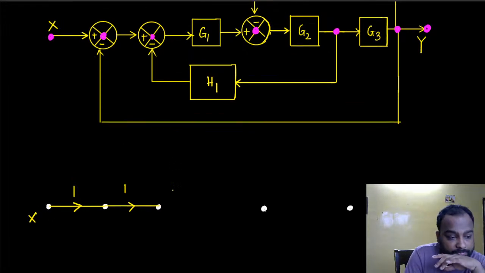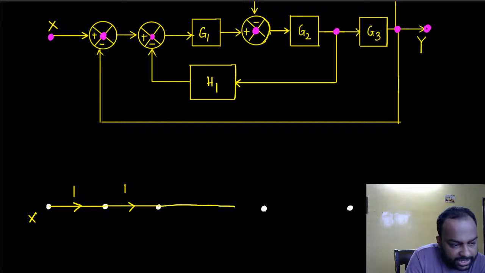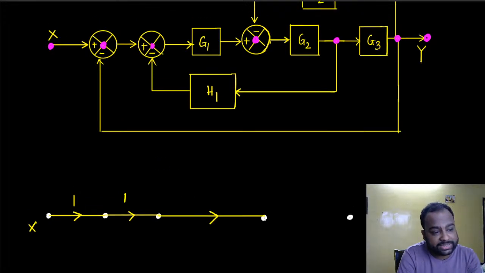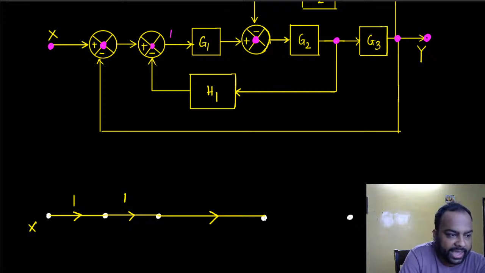All right, now think about this one. From this vertex, or rather this node, to this node, if I draw the same connection like that, now we have a problem. Whatever signal I have here, say let's consider that signal is A. That signal gets multiplied with G1.